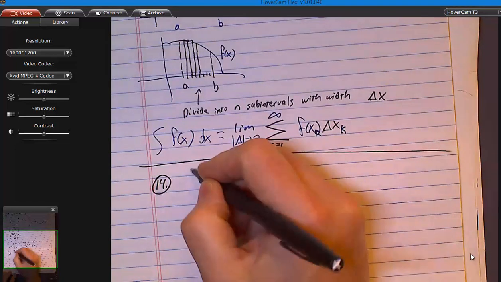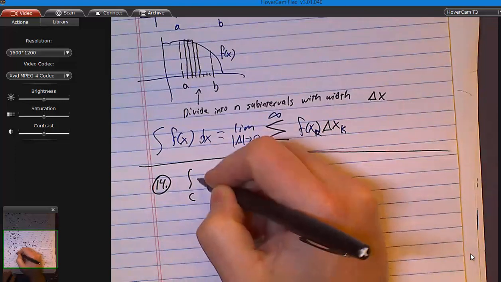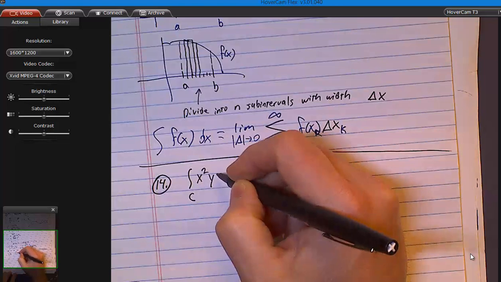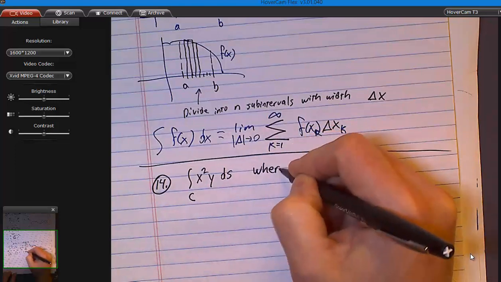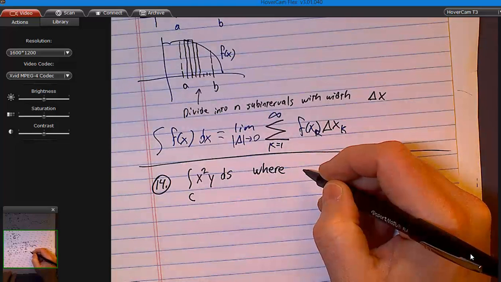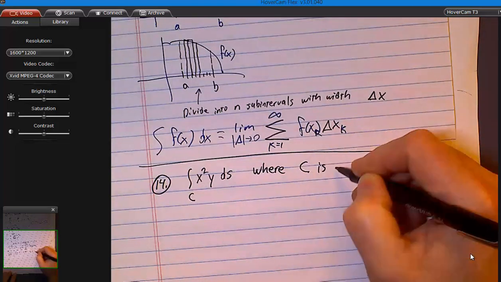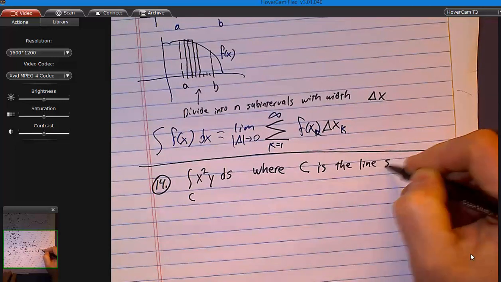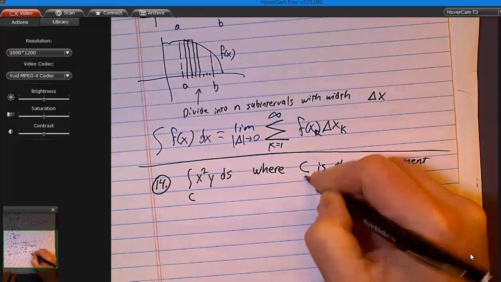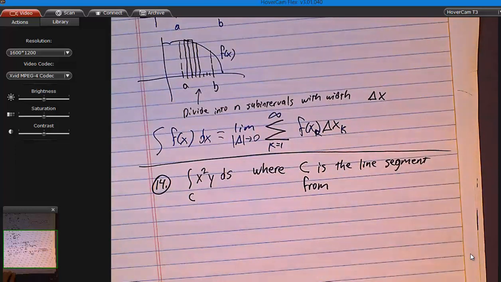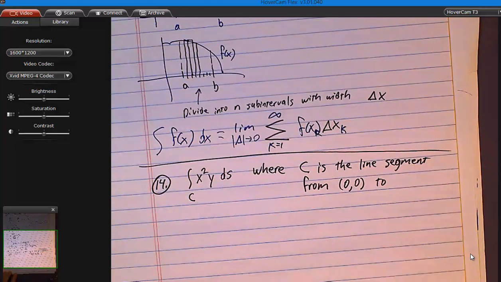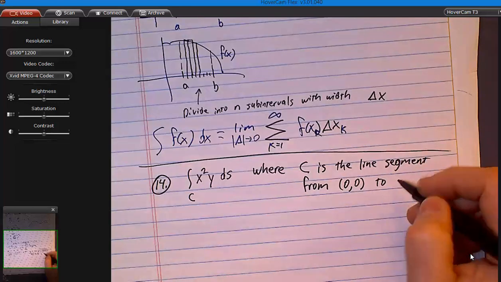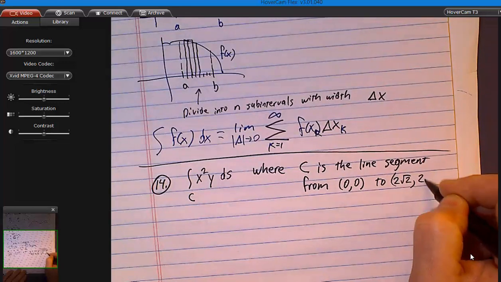So they want me to do the line integral over C of x squared y ds, where C is the line segment from, well, let's say 0, 0 to 2 square root of 2, comma 2 square root of 2.